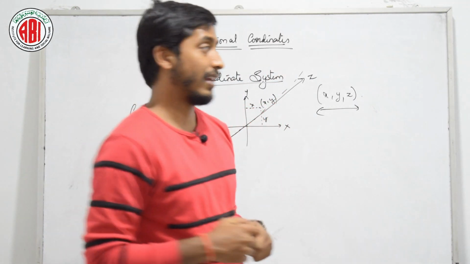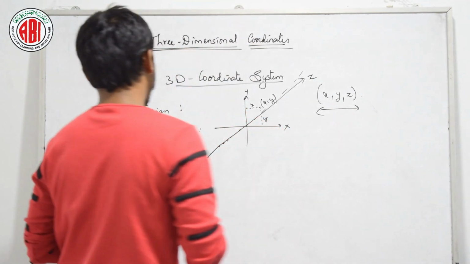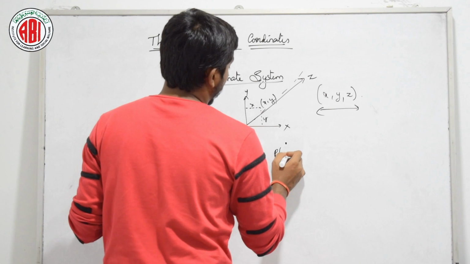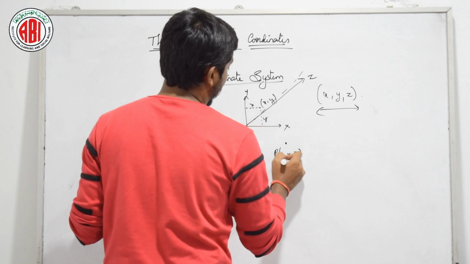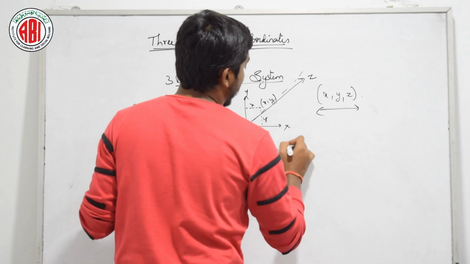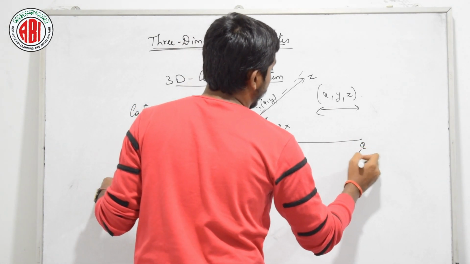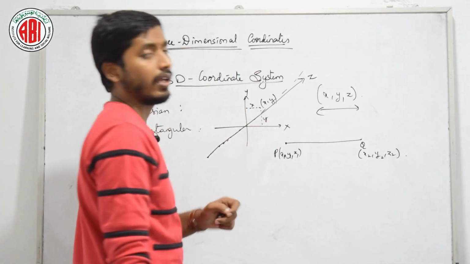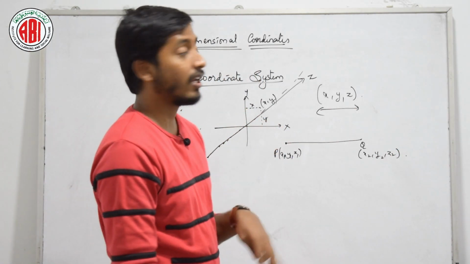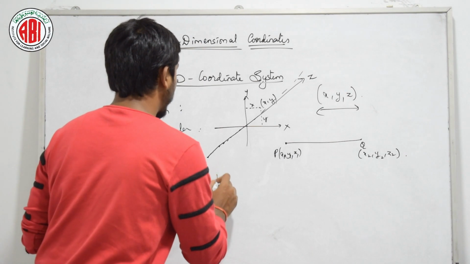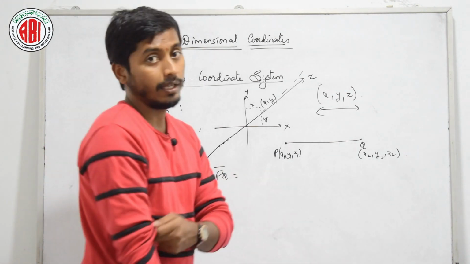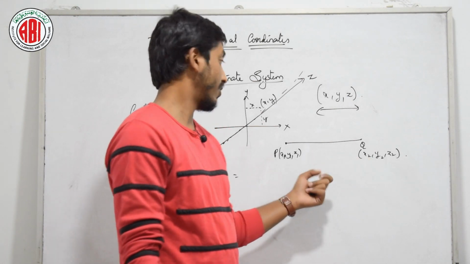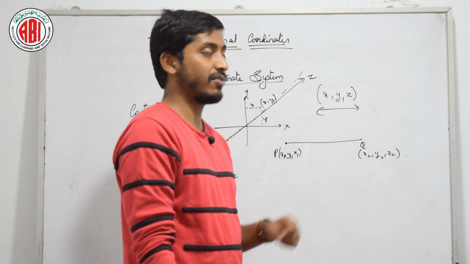As of now, let us learn the formula for the distance between 2 points. For example, if there is a point P, x1, y1, z1, and there is a point Q which is x2, y2, z2. In the previous sessions in 2D geometry, the distance between 2 points x1 y1 and x2 y2 was the square root of x2 minus x1 whole square plus y2 minus y1 whole square.